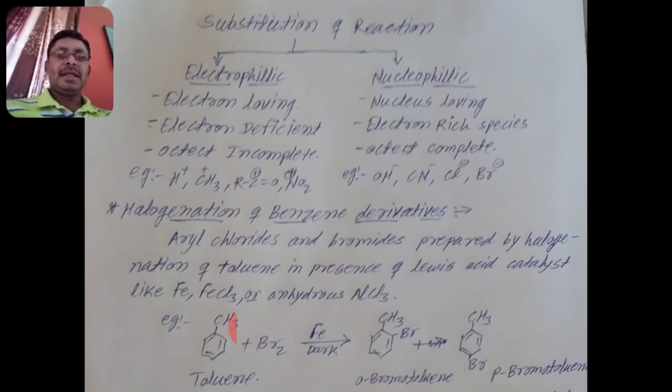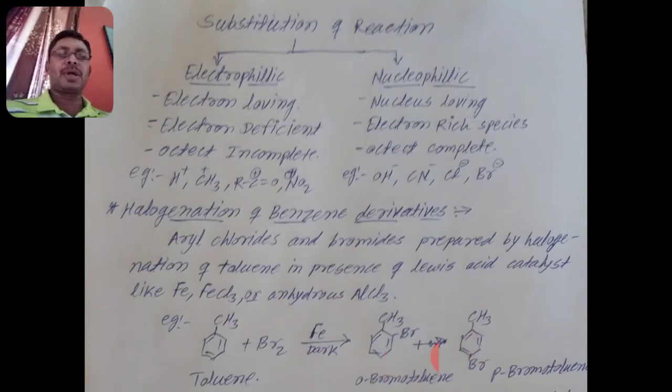See here, there is an example of toluene. Bromination of toluene, that is the addition of bromine to toluene in the presence of Fe, that is the Lewis acid, an electron acceptor species. That reaction is carried out in the dark; no sunlight is required. We get two products, a mixture of products.